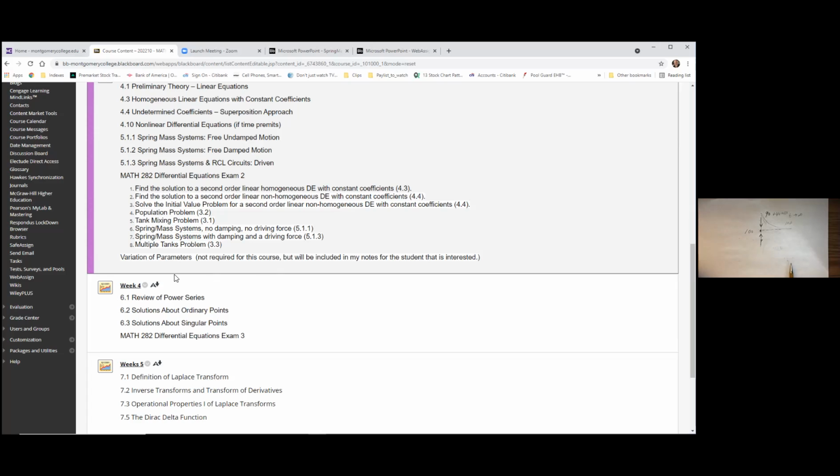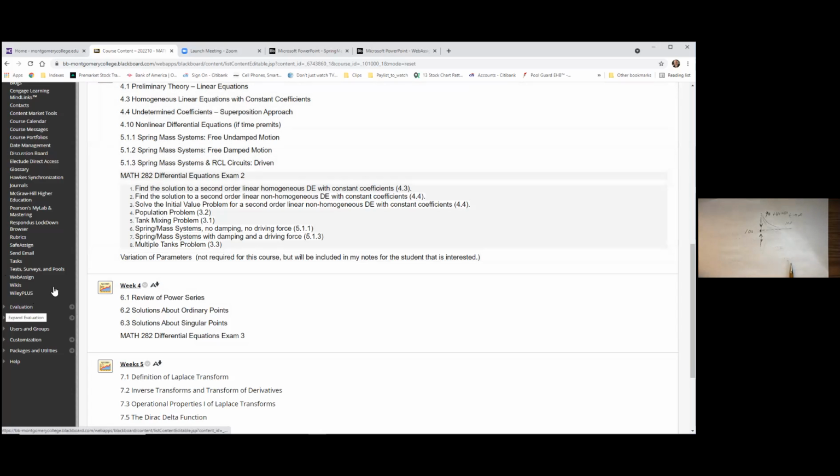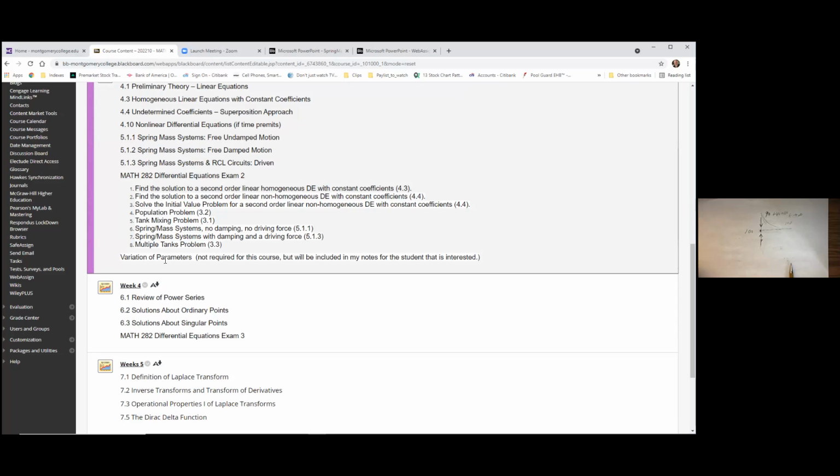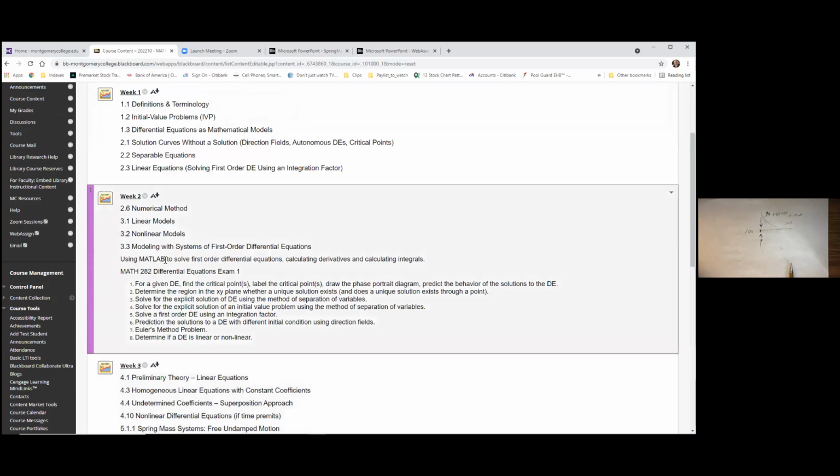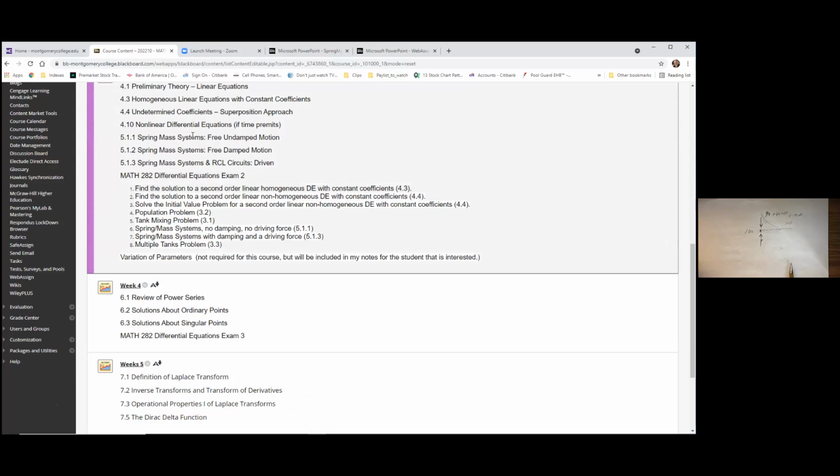There's also a method called variation of parameters, and a method called annihilation. So there are 3 different methods, but you need to use the method of undetermined coefficients. We're not going to do nonlinear. Remember, I said if time permits. I actually didn't do it when I had the 15-week class either.